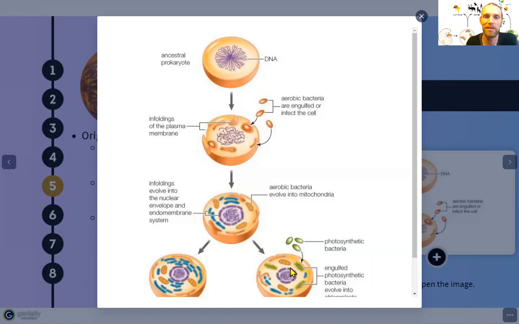And then you got a plant cell, okay? It's way more complex than that, but what you have to remember is basically that the endosymbiotic theory is about different kinds of prokaryotic cells that fuse together due to eating each other, infecting each other, or just engulfing each other and working together, but that it was a beneficial outcome.